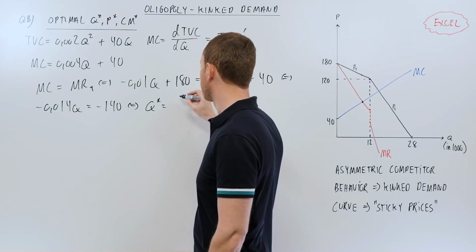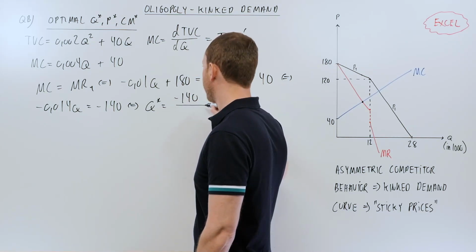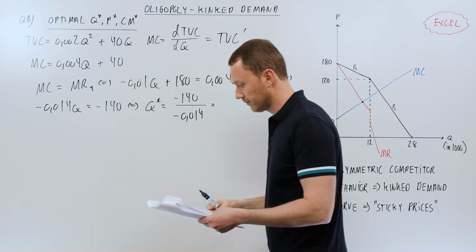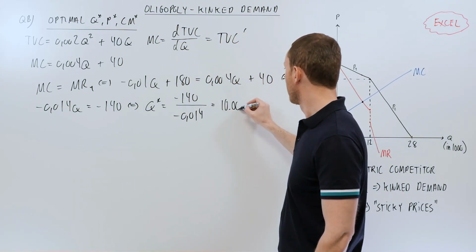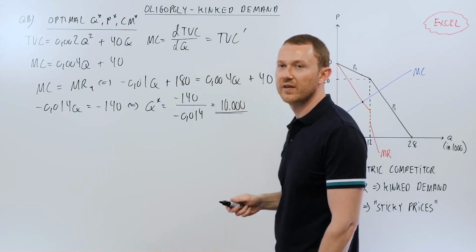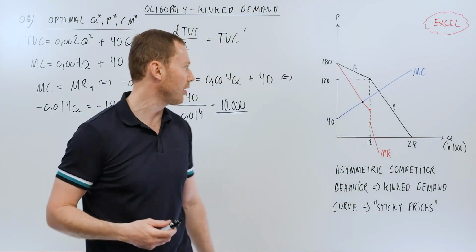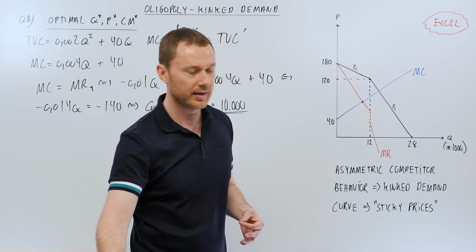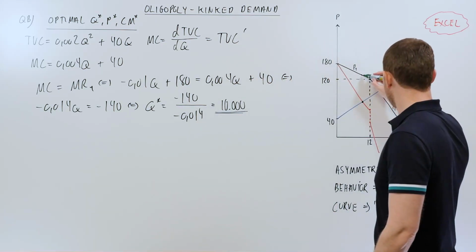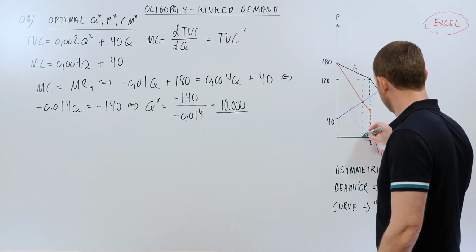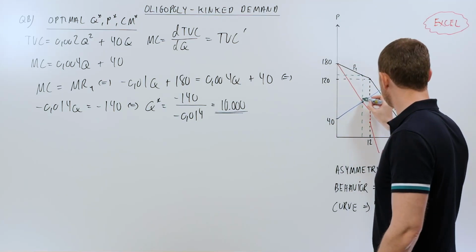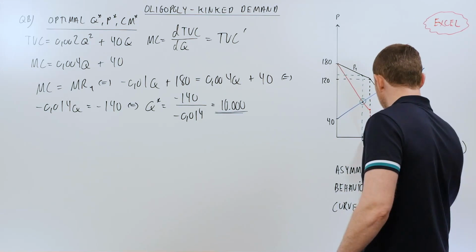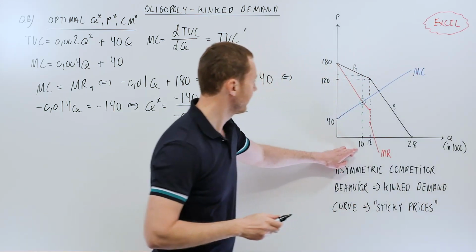So the optimal quantity will be minus 140 divided by minus 0.014, giving us an optimal quantity for the company of 10,000. We can just write that in now. So that is where we have our optimal value, and that is at 10,000.